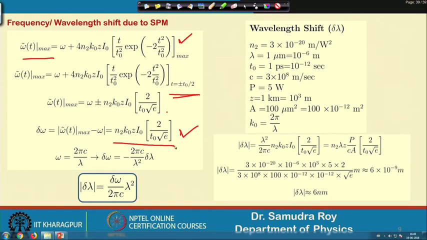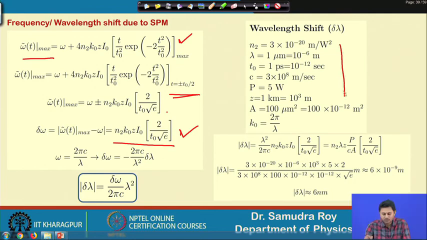Once we have this form, the next question is what the corresponding wavelength shift should be, because if I launch a particular wavelength lambda, it is going to shift. What should be the shift of the wavelength due to this temporal distribution of intensity, which is Gaussian in form?